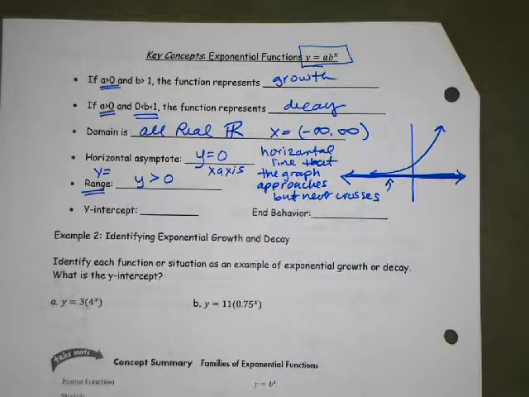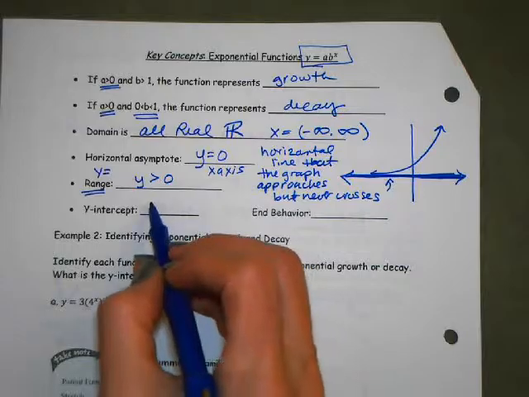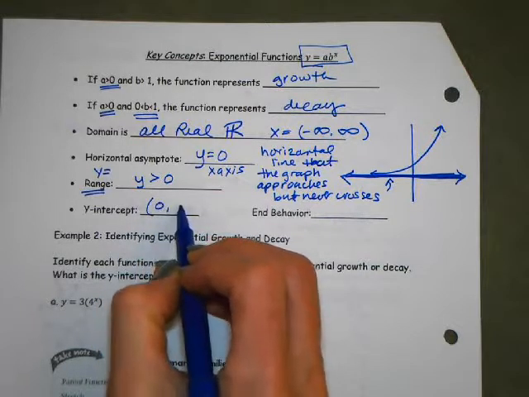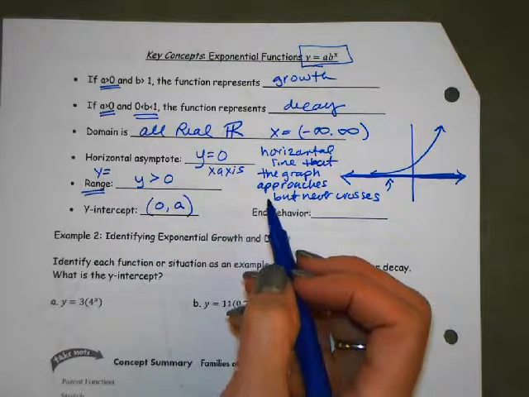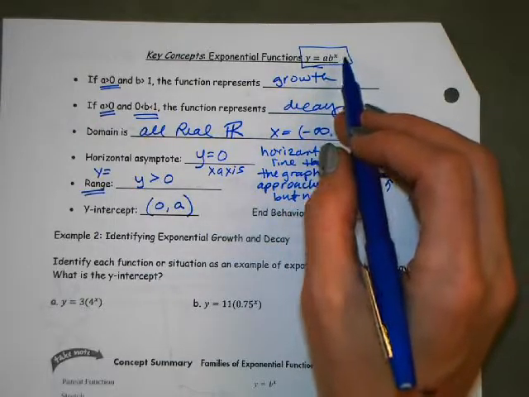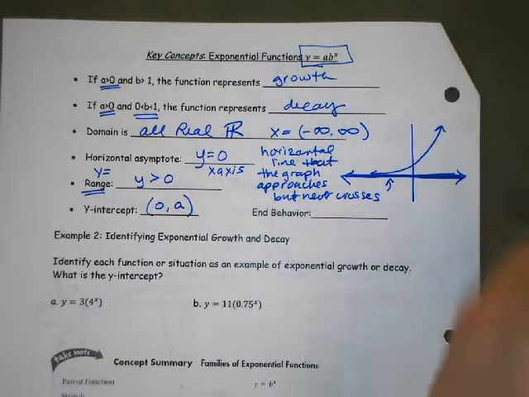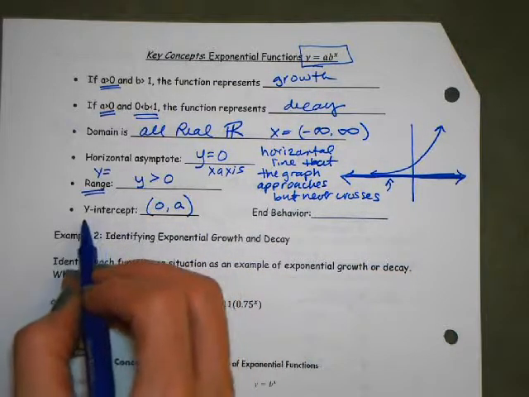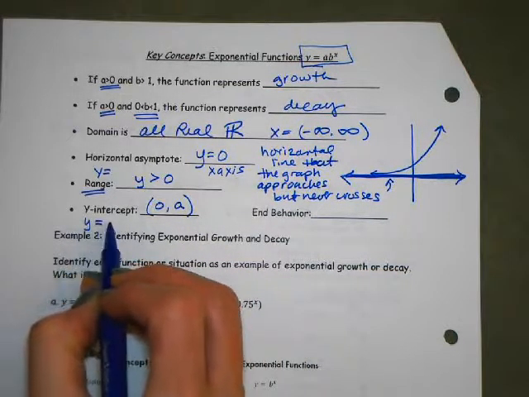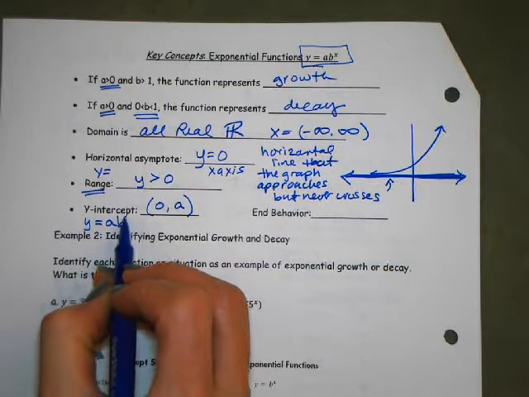Okay. All right, and then our y-intercept is going to be (0, a) in this situation. When it's just this, it's going to be (0, a), so whatever my a value is, and how that works is as follows. Let's say it's y equals a times b to the 0 power, right?